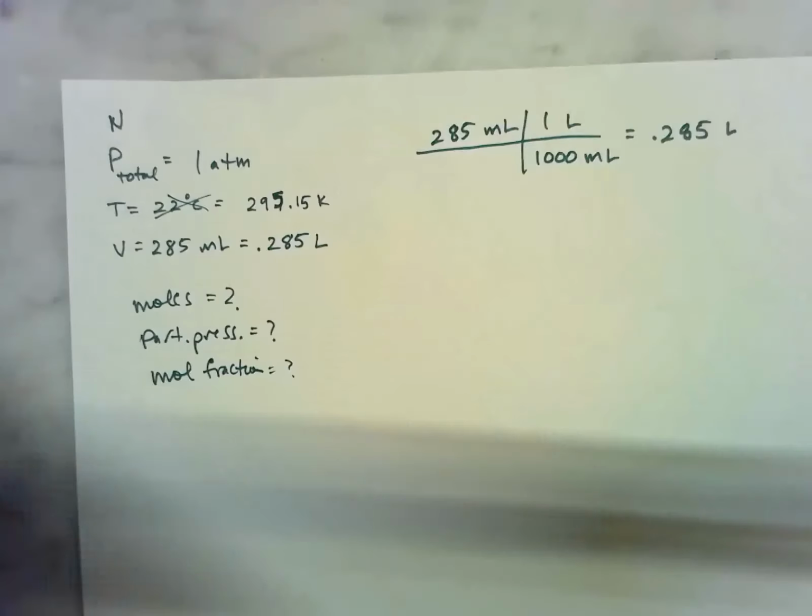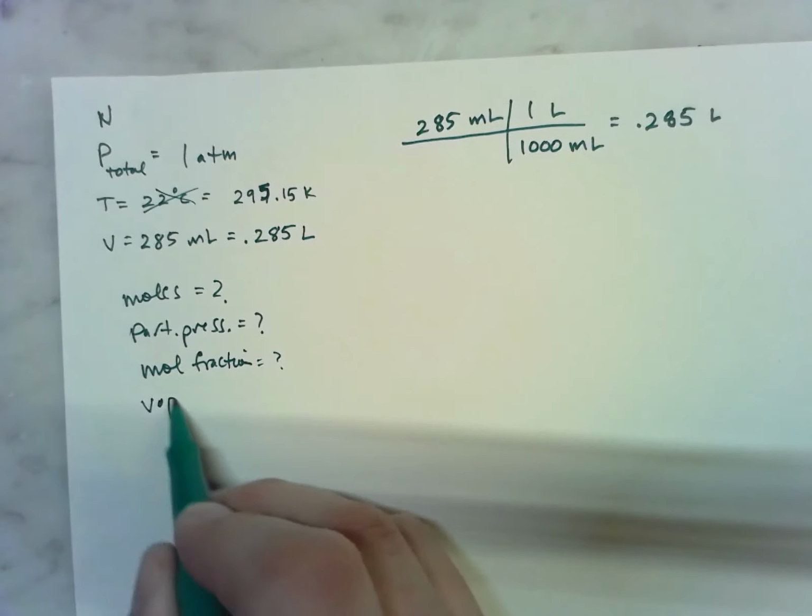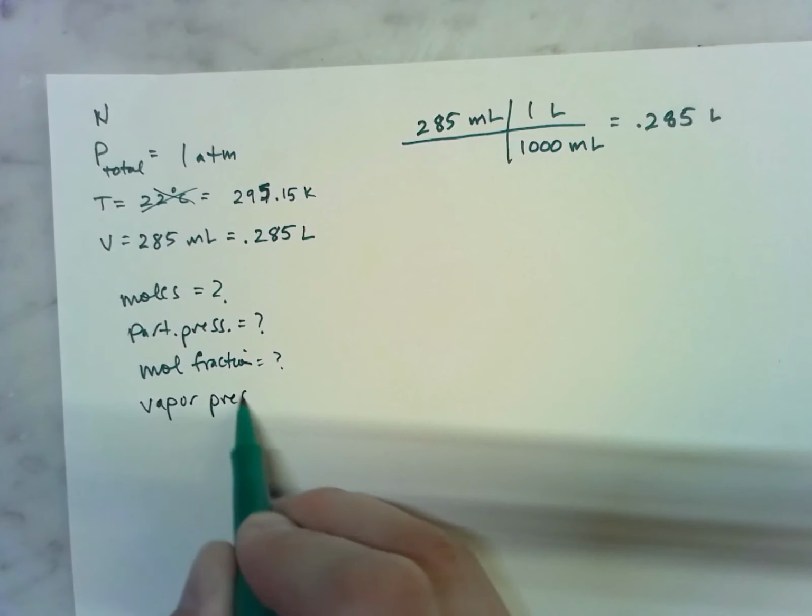Before you collect anything in there, or even as you start to push that water down out of there by collecting gas bubbling up into there, as that gas is going in, water is vaporizing, turning from liquid to gas, and partially filling that space. So when you think you've collected just pure nitrogen in there, well, you don't have pure nitrogen, because you've also got water vapor in there. All right, so let's look at the vapor pressure of H2O.